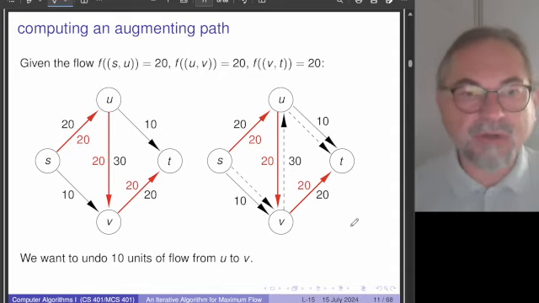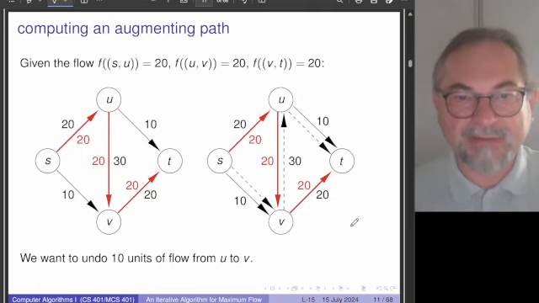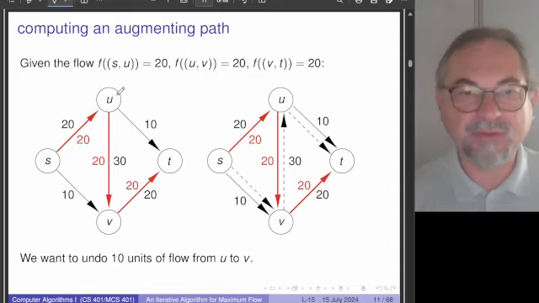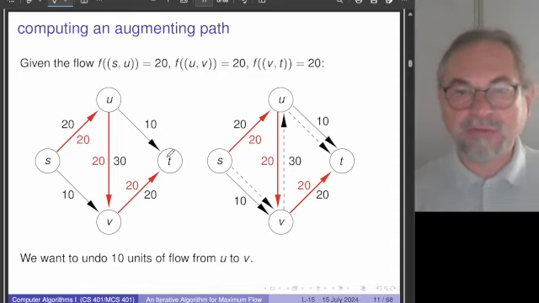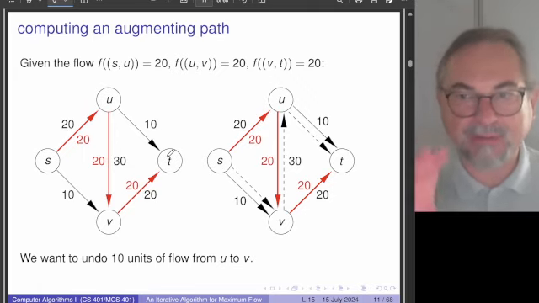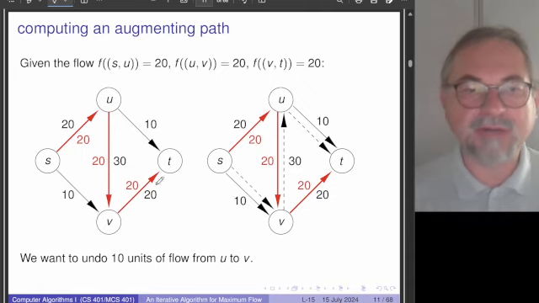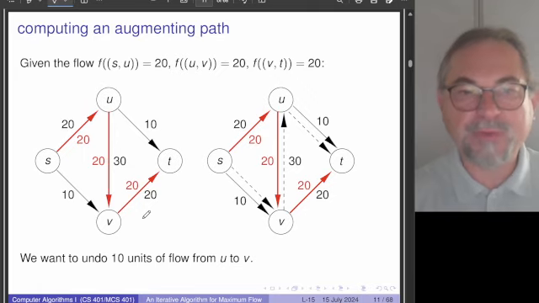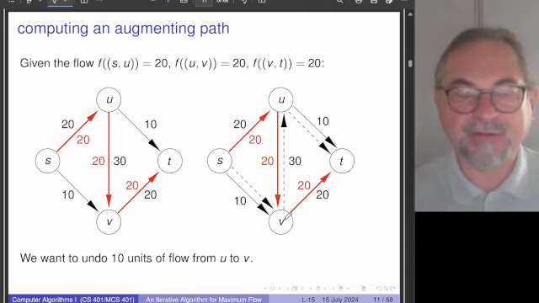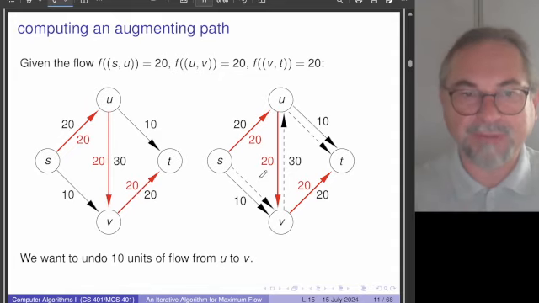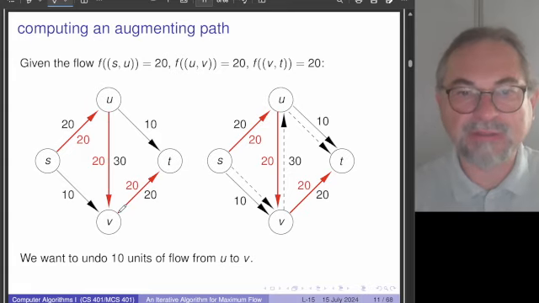We see that there is another path leading into the sink, an edge that has capacity 10. We can interpret that we are going to reroute 10 units of flow from U to V. So we imagine that of the existing flow of 20 in this network, we are going to redistribute 10 units.